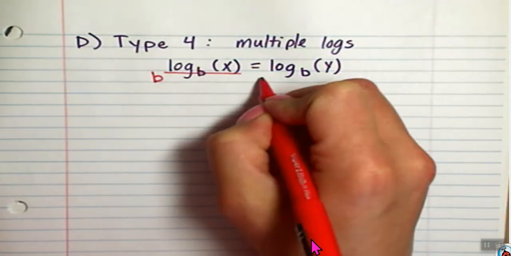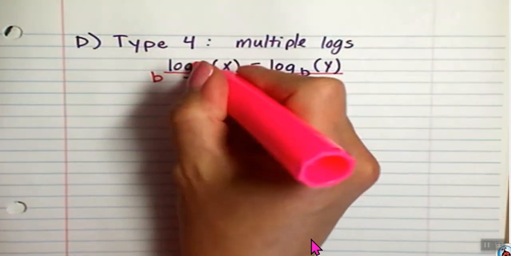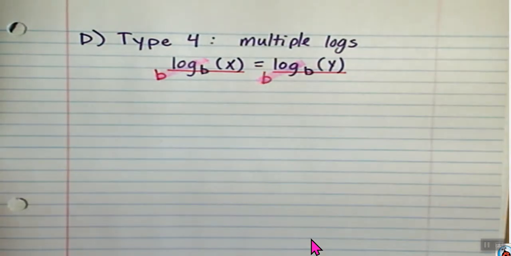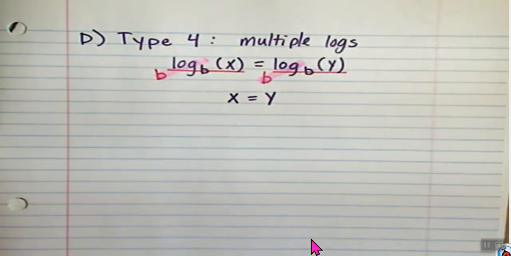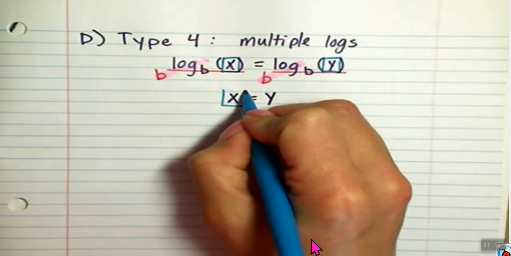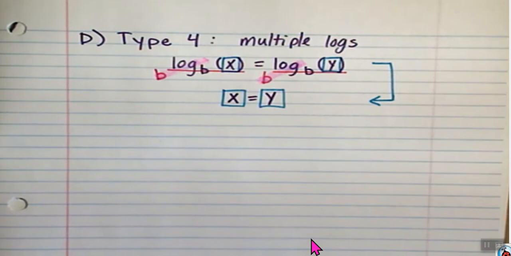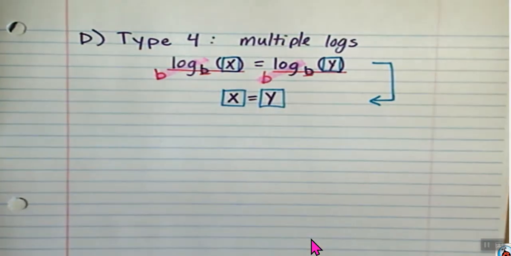I'm exponentiating, so I'm turning both of those pieces into exponents, and then our inverse property applies, and we end up with just these inside pieces of the logs equaling. So if we can get the same base on both sides, then we can exponentiate and simplify.